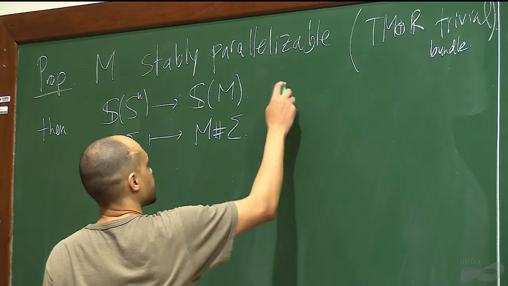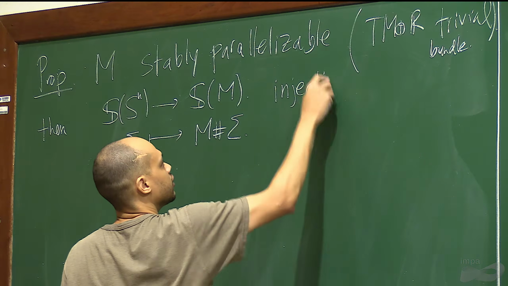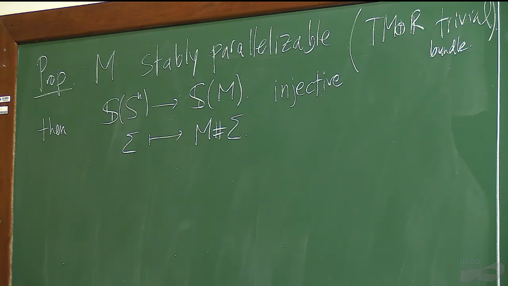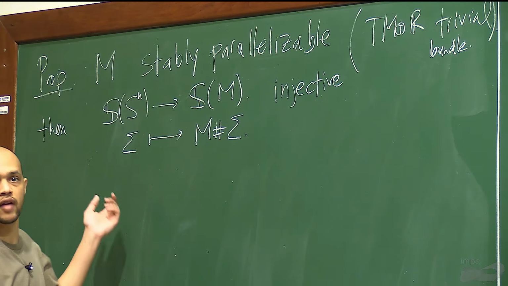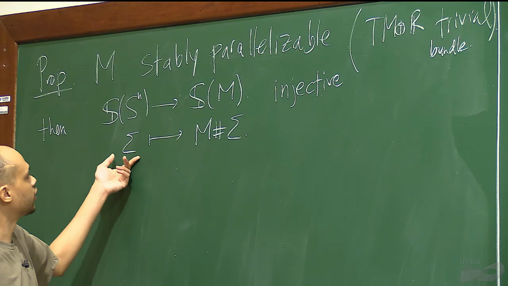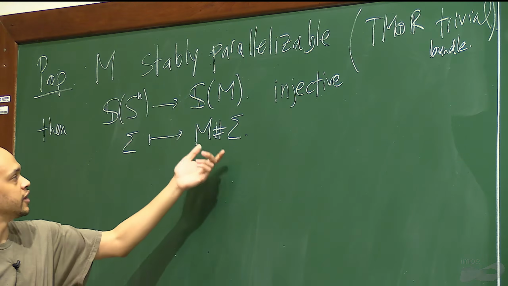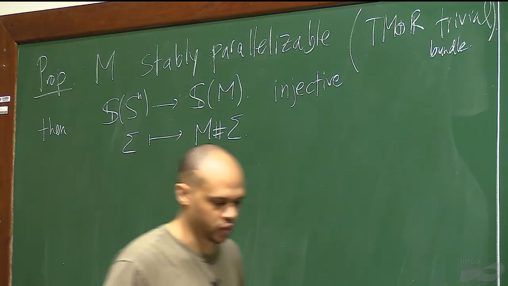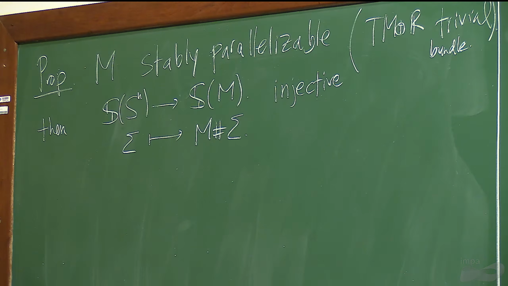The statement is that this is injective. So if you have a non-trivial homotopy sphere Sigma, M connect sum Sigma will at least not be concordant to M, the standard smoothing.